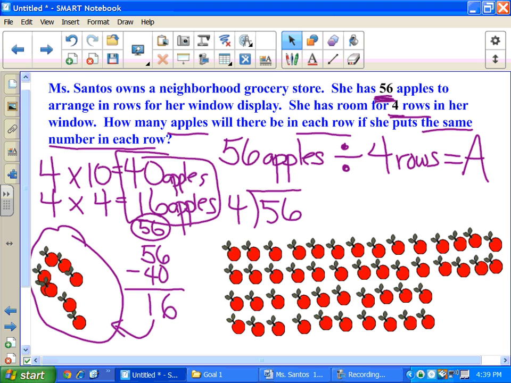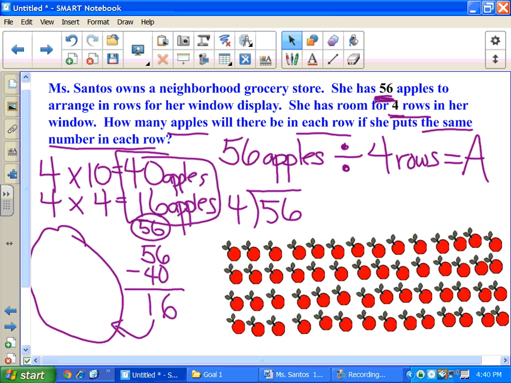All right, so we're almost there. 1, 2, 3, and 4. 1, 2, 3, and 4. So absolutely correct.